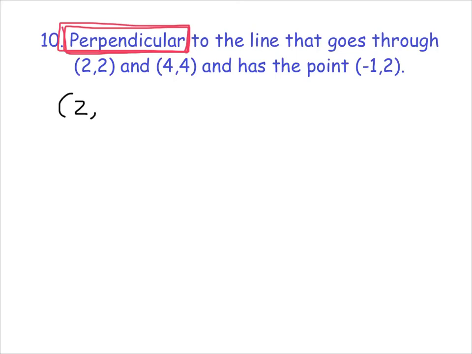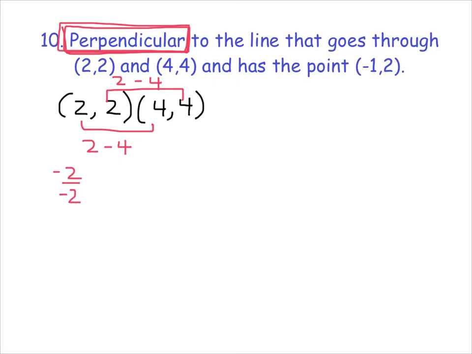So we have 2, 2, and 4, 4, 2 minus 4, and 2 minus 4. That gives you negative 2 over negative 2, which gives you a positive 1. That's the original slope. So m is equal to 1.